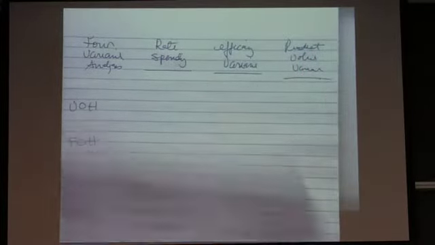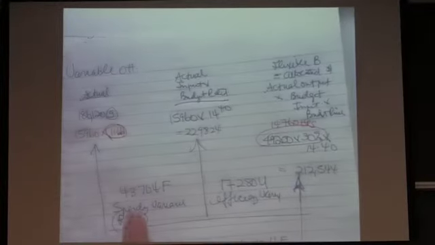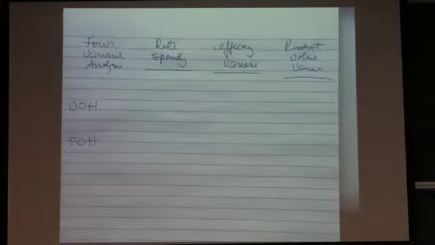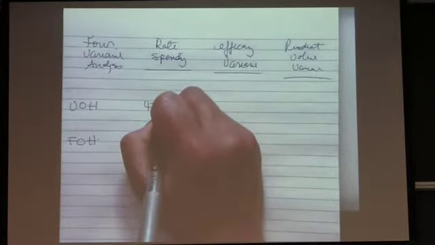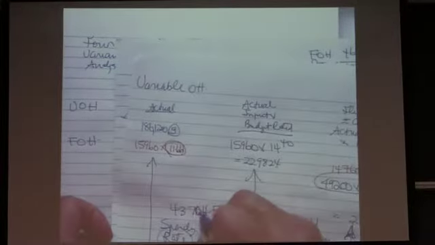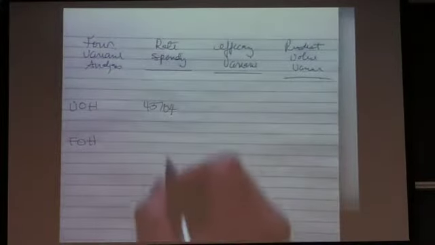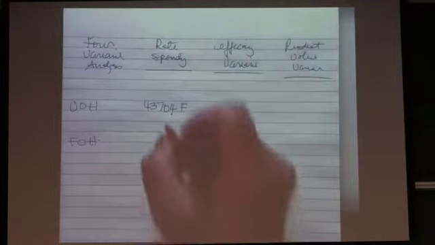So if I go back to the variable overhead, I can see that the spending variance is 43,704. That's a favorable variance, and because it's an expense, we know this will be a credit, right?